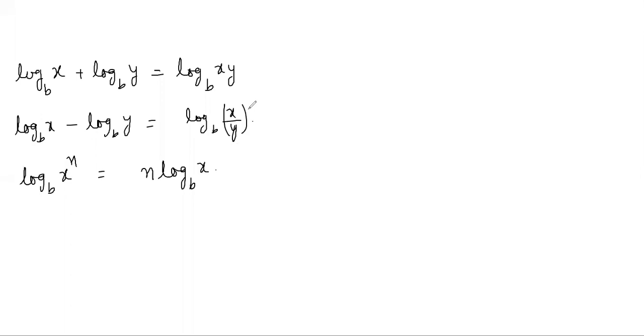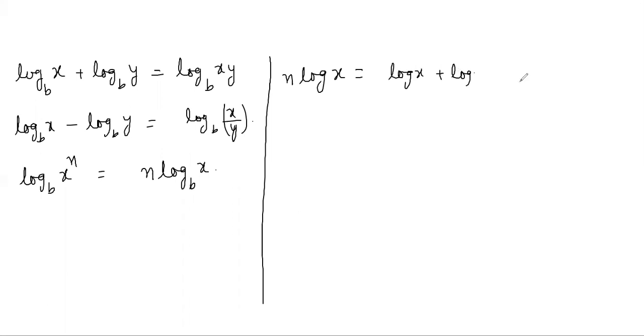So we have discussed these three formulae. First formula I have already proved. Second formula you can prove exactly as I proved the first formula. And third formula, if you want me to prove again, then I can prove it again. So n log x can be written as log x plus log x up to n times.